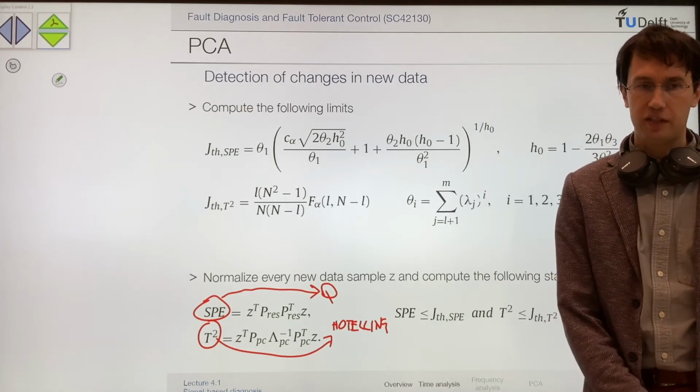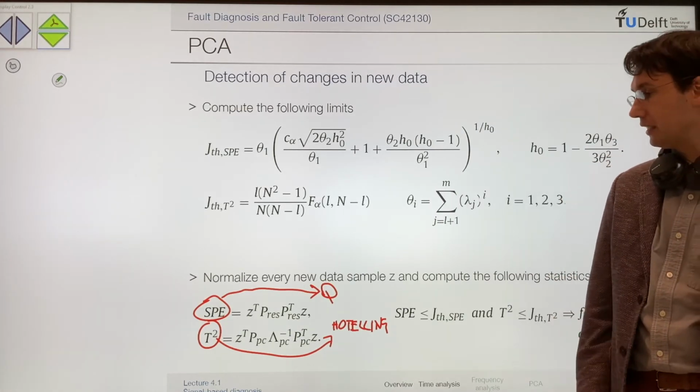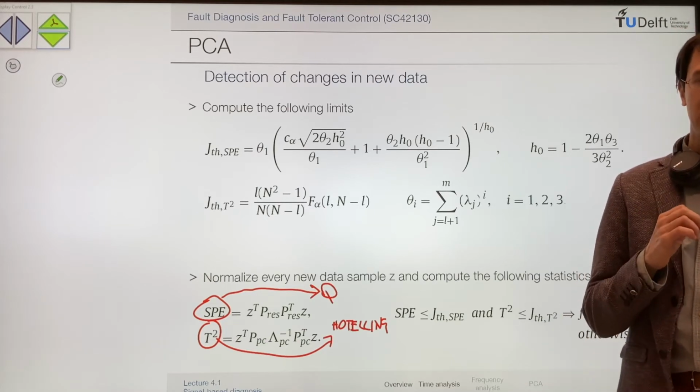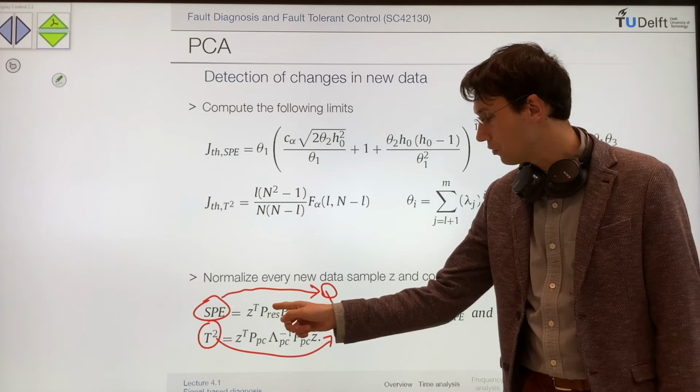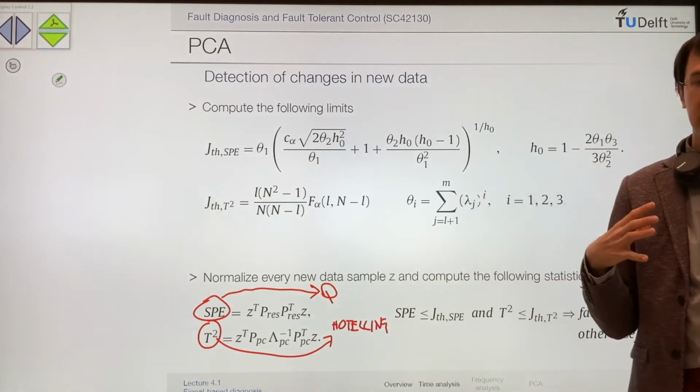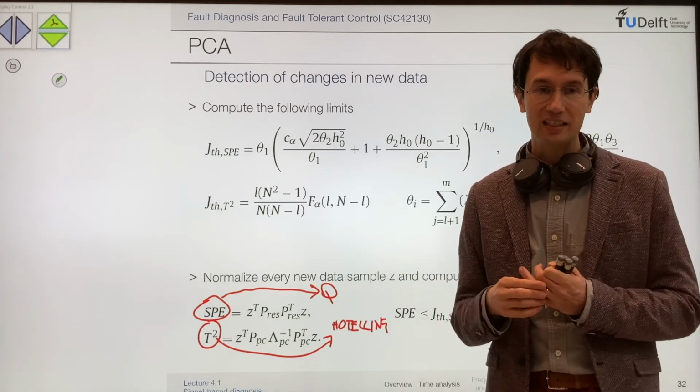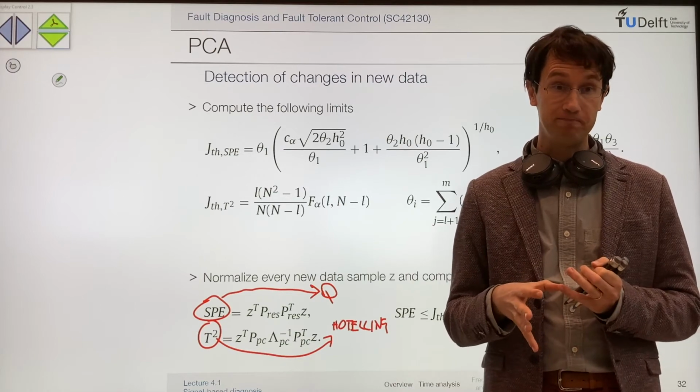So what's the point of that? Well, to understand this, you need to consider one important thing. The important thing is that when you compute the principal directions, you are taking data in a nominal condition.